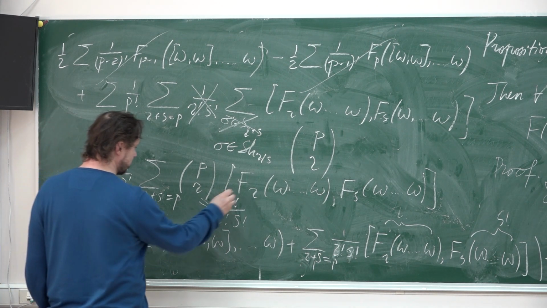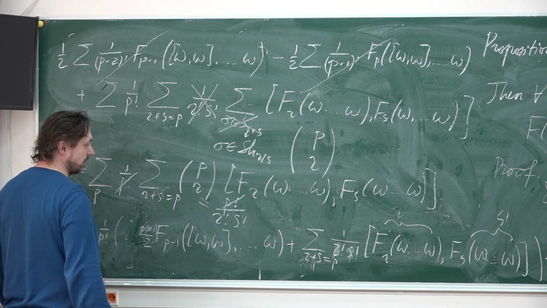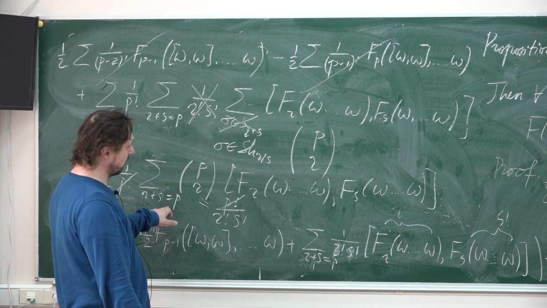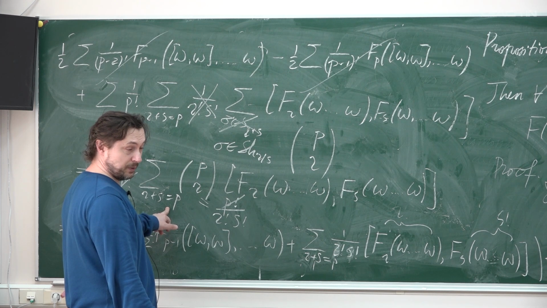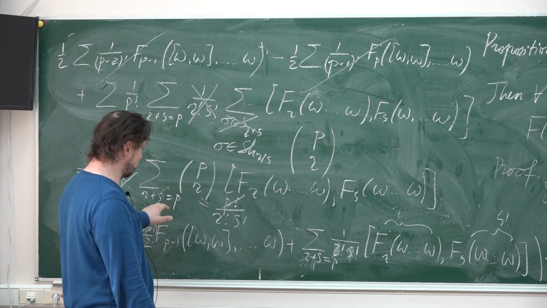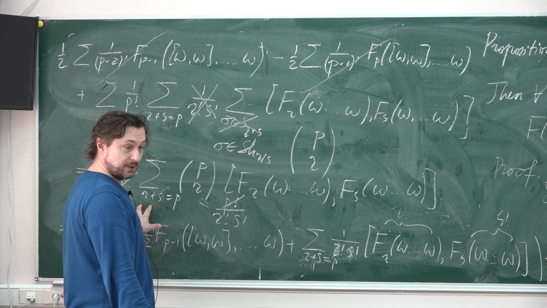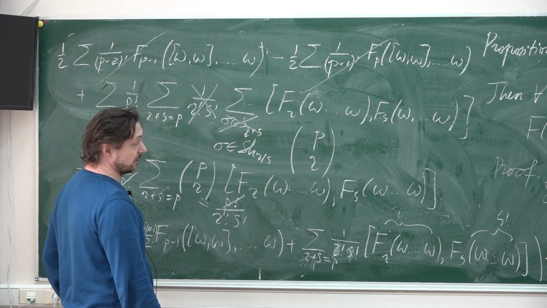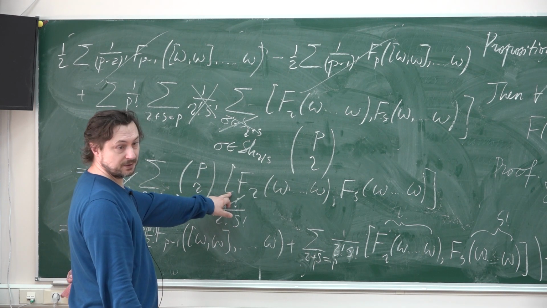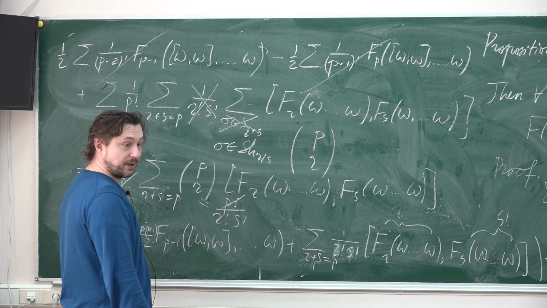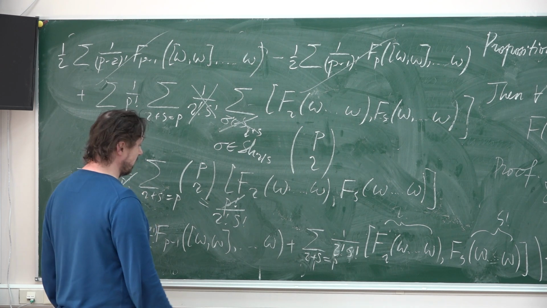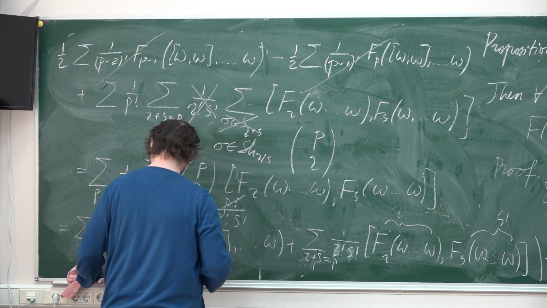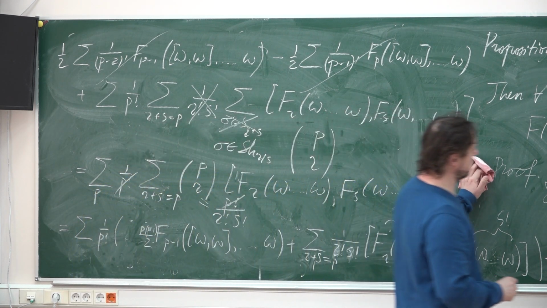So this P factorial cancels out. And we just get the sum over all P and all partitions into the sum of two natural numbers, R and S, of this kind of commutators. And now we can put 1 over R factorial here and 1 over S factorial to the right.